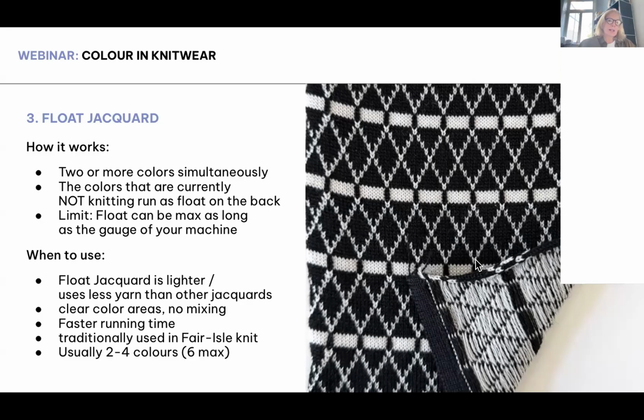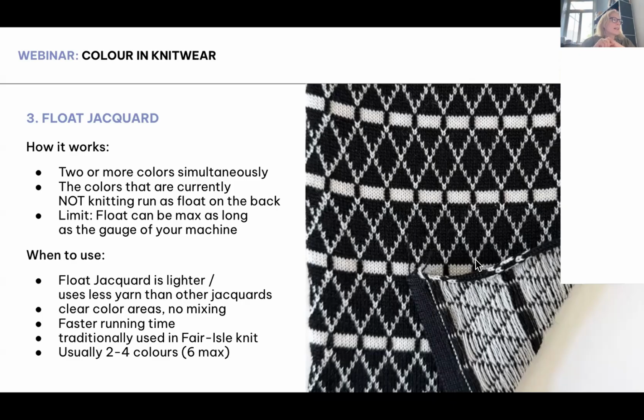Because a float jacquard is only knitted on one bed, the front bed, it's a very light garment. So if you need to save money on yarn, on knitting time, and on weight, then it's an ideal method of knitting.